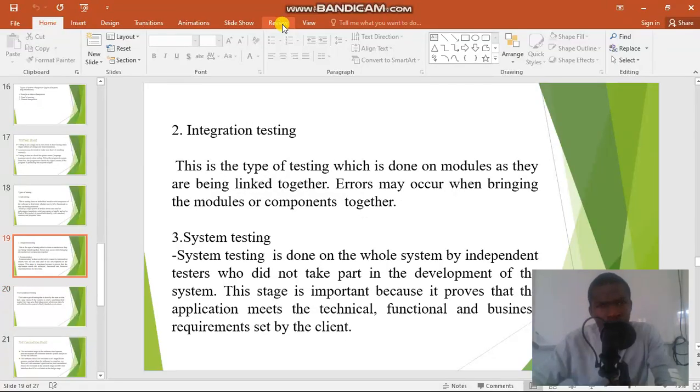The most important testing type is system testing. This stage is important because it proves that the application met the technical, functional, and business requirements set by the clients.